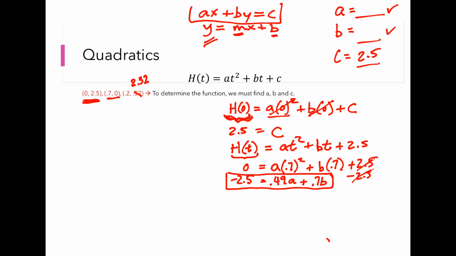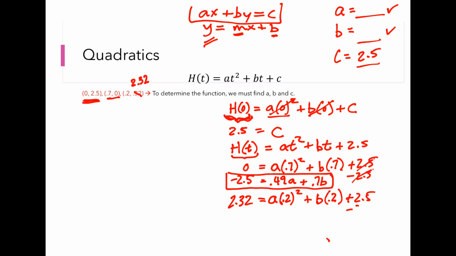That's one point. Let's look at the other point, which is a height of 2.32 meters, when time is 0.7. Or, sorry, is 0.2. So a times 0.2 squared plus b times 0.2 plus 2.5.